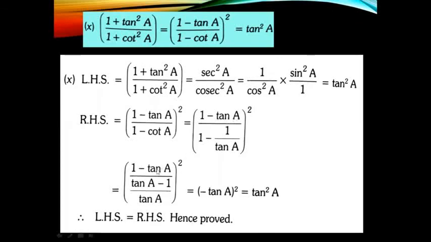Then 1 minus tan A in the numerator, denominator take LCM, you will be getting tan A minus 1 divided by tan A. Now tan A minus 1 we can take minus common, and then this terms will become 1 minus tan A. Then 1 minus tan A from the numerator and the denominator gets cancelled, and this tan A will become minus tan A because we have taken minus common from this numerator. So then this is equal to minus tan A whole square, which is equal to tan square A.